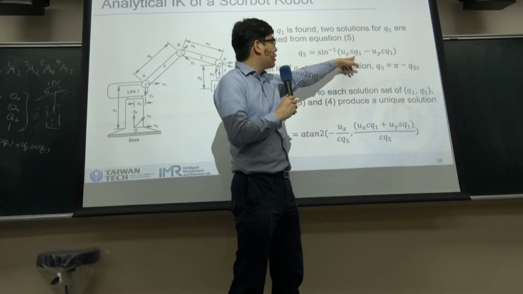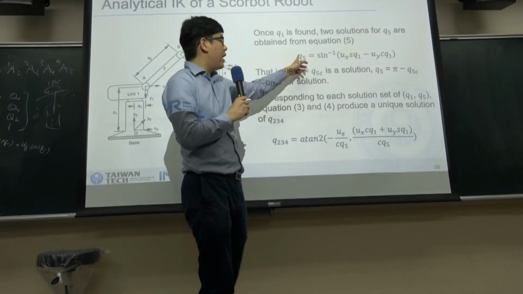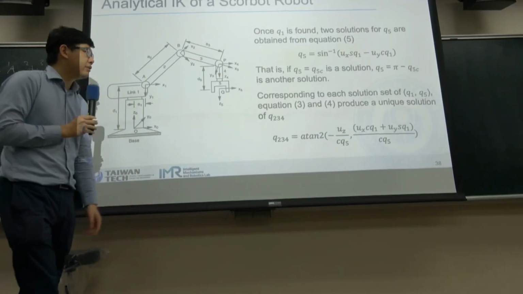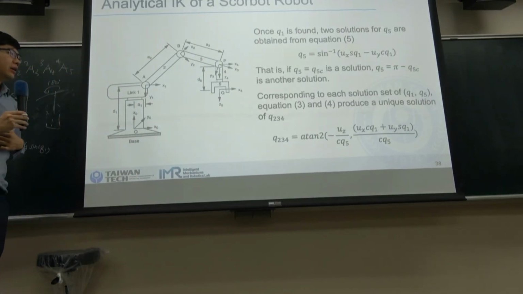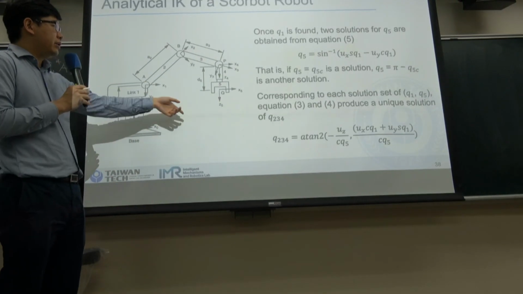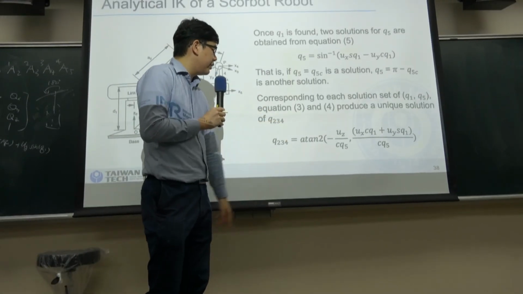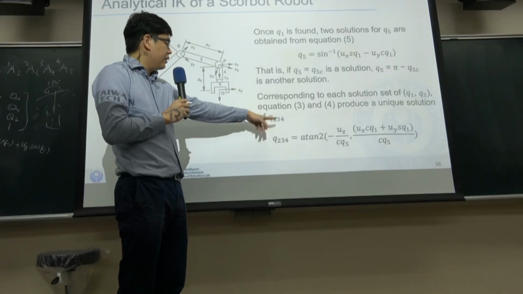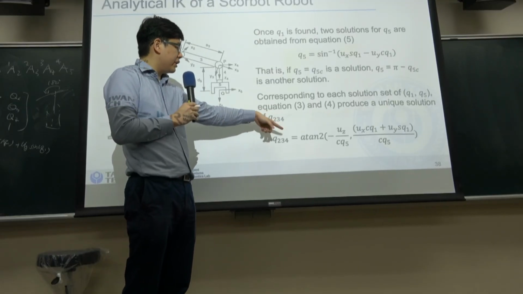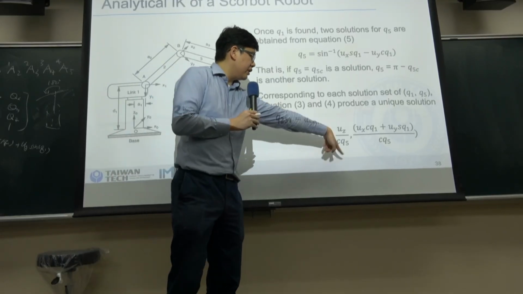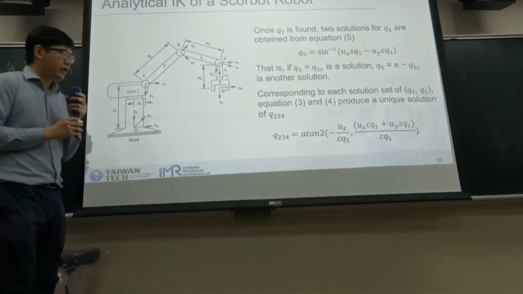So remember that Q1 has two solutions. So Q5 will have two solutions also. And corresponding to each, joints 2, 3, 4. So we can find theta 2 plus theta 3 plus theta 4 using Q5 and Q1.